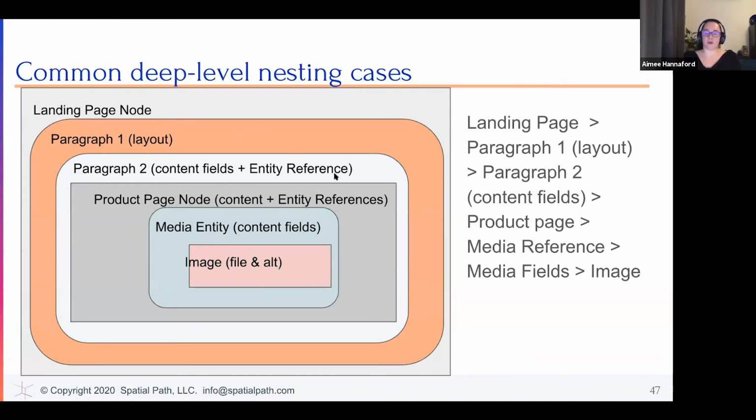So as we see these deep level nesting cases, each one of those levels has a content entity that needs to be aware of the proper language of what the content is, and what its parent content is, because you need to know, hey, I'm in Spanish for the landing page node, and I must make sure that everything that is embedded in that displays correctly with Spanish.